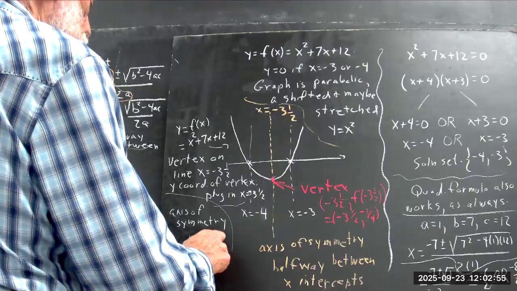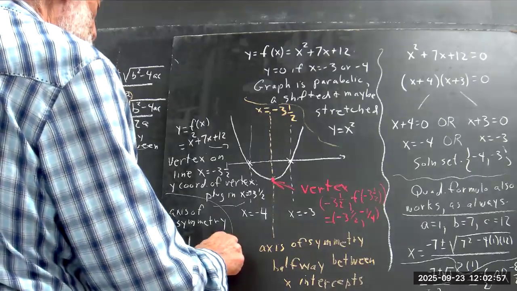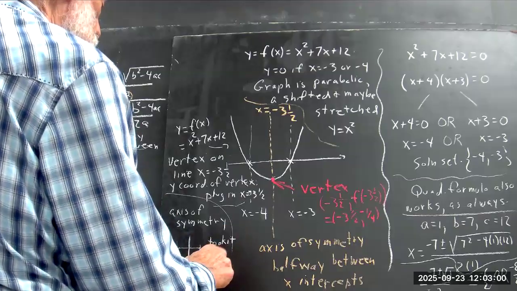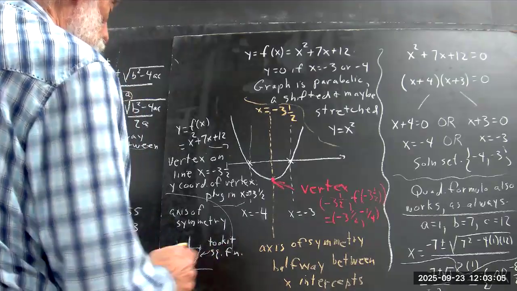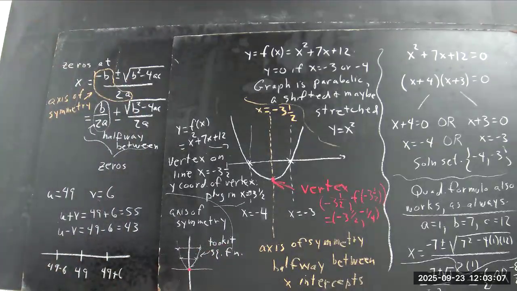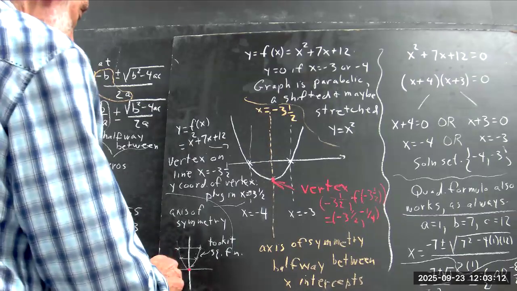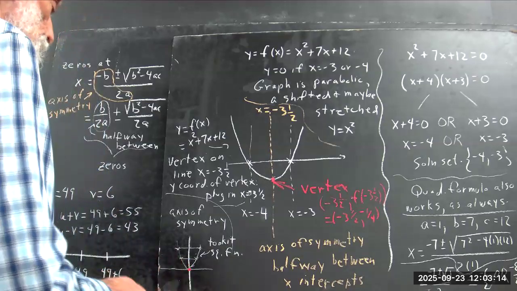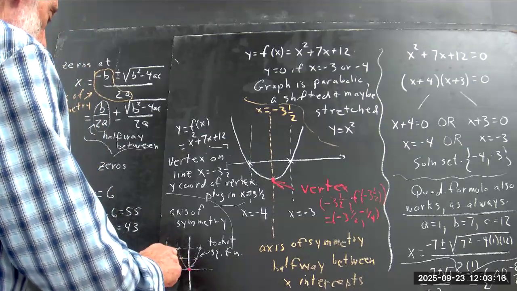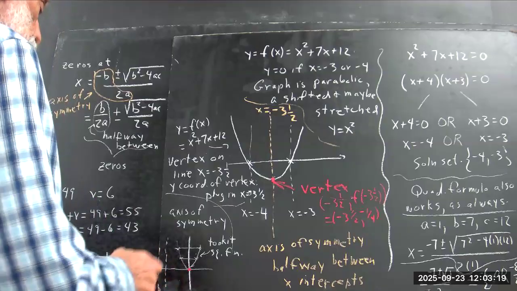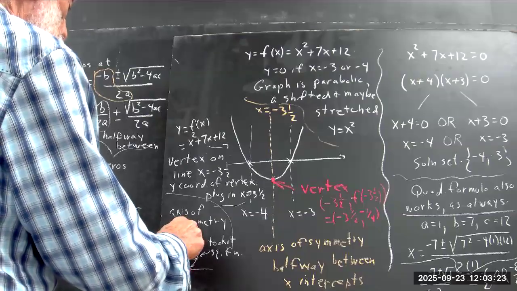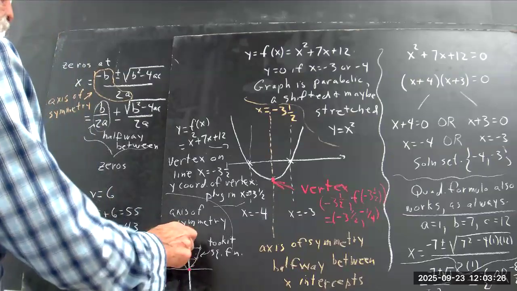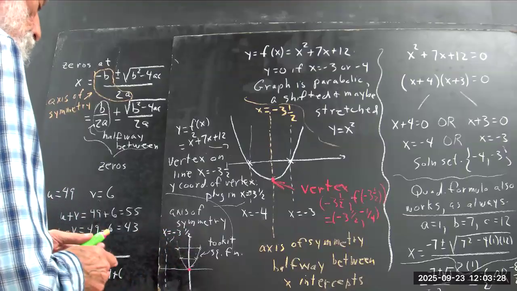In this case, your toolkit squaring function, this small picture here, has been shifted over to where x equals -3.5.